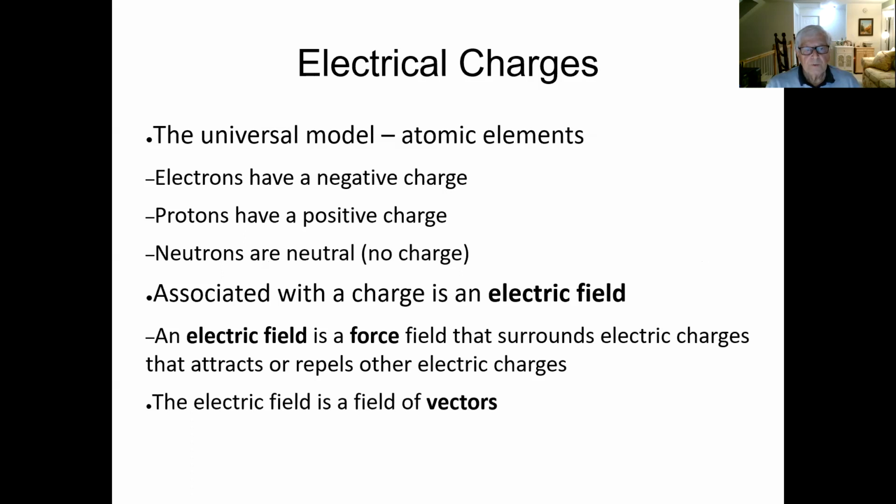But associated with either charged particles, electrons, protons, or an ionized atom, is an electric field. Electric field is a force field, making it a vector. This course is heavy on vectors, so we will go through vectors starting with probably tomorrow and so forth and on.